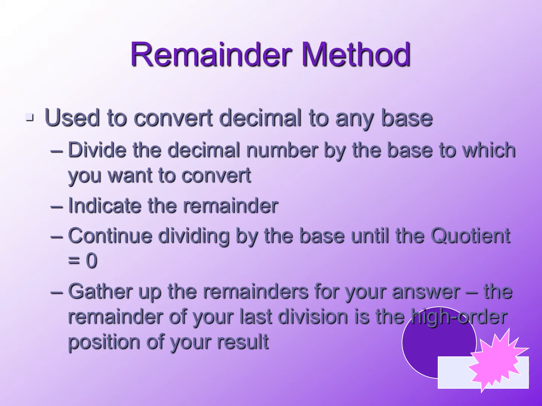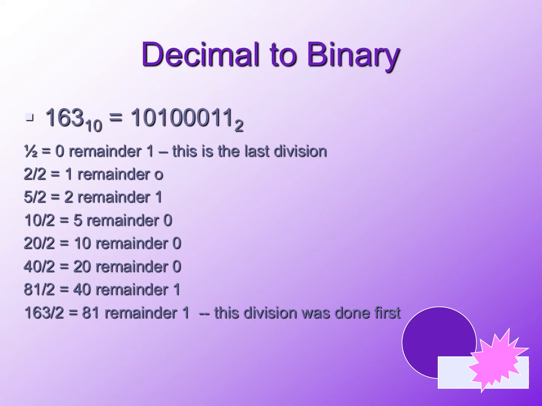So, not a problem. This might be something that you like to do, and I'm going to show you. We have the base 10 number 163. We want to go into binary.